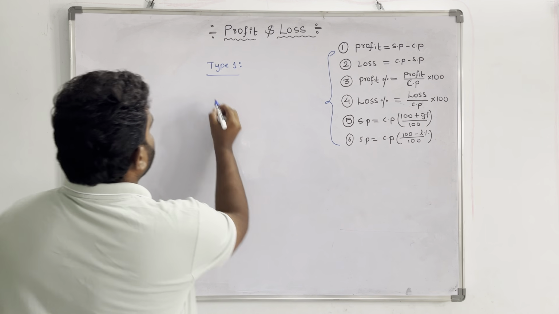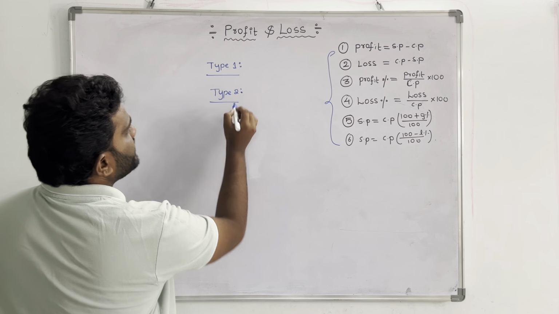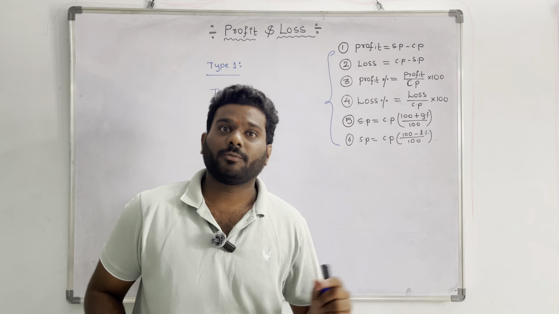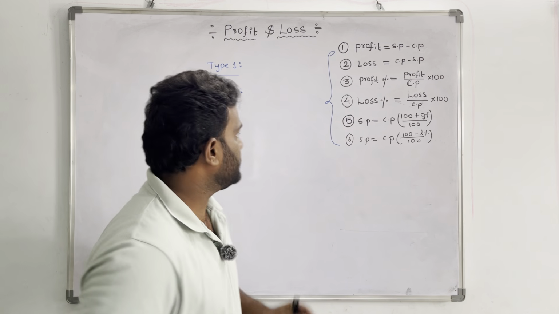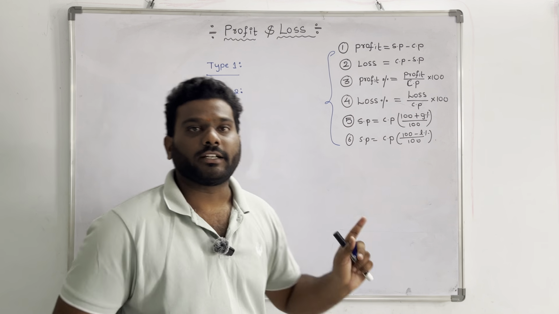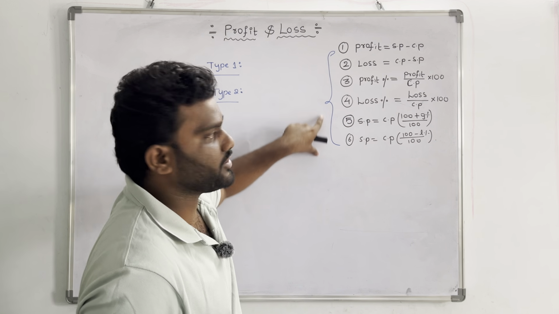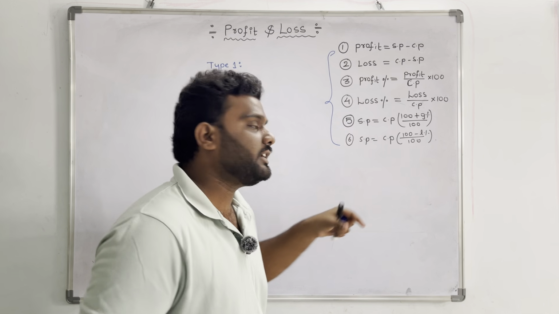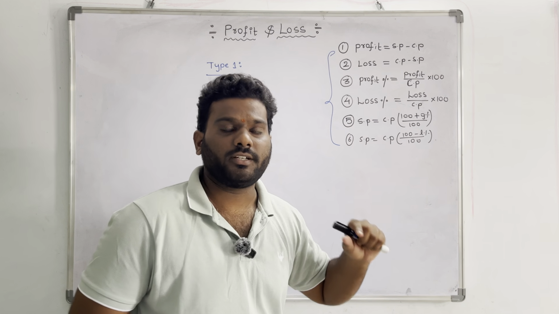And type 2 will be the questions based on discount percentage, market price, retail price, MRP, is there, no? So based on those, the questions will be asked under type 2. Now let us start with solving the questions based on these formulas along with the tricks. After that we will go with discount, discount percentage and MRP related questions, then you will be on a right track.